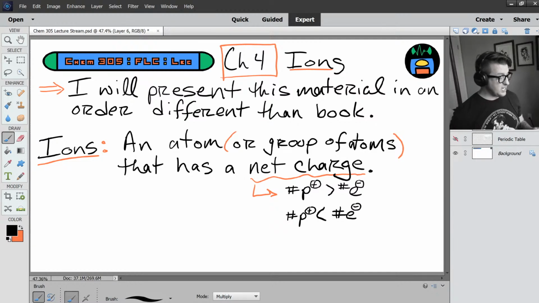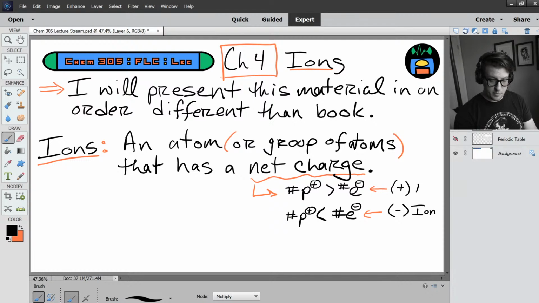All right? If the number of electrons are greater, then you'll have more negative charges than positives, right? So this would give you a negative ion. And if you have more protons than electrons, that means you have more positive charges than negative charges. You will have a positive ion.